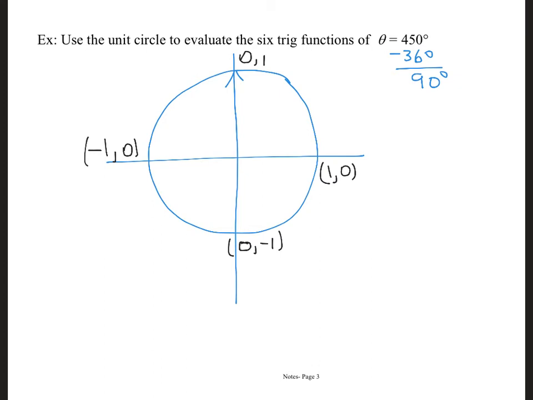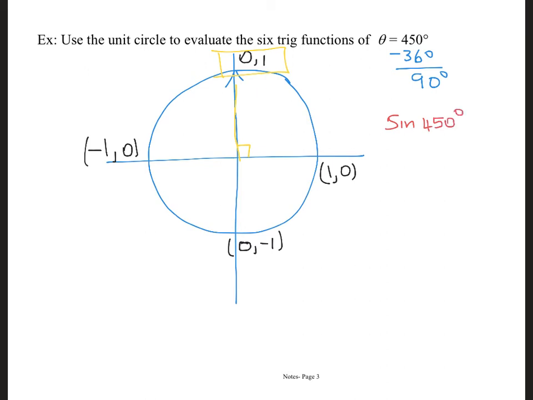So we are interested in that because the angle we are looking for is this angle. So now let's find the ratios. So we start with sine of theta is equal to, remember sine is represented by which coordinate? The y. So it's 1. And actually here, I shouldn't say theta because I know what angle I'm looking for.